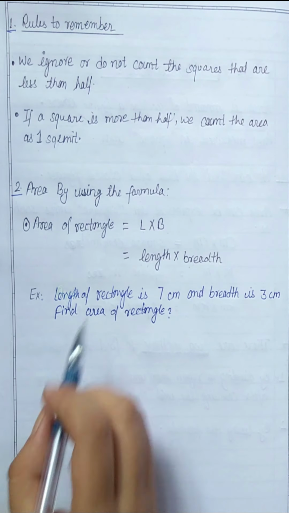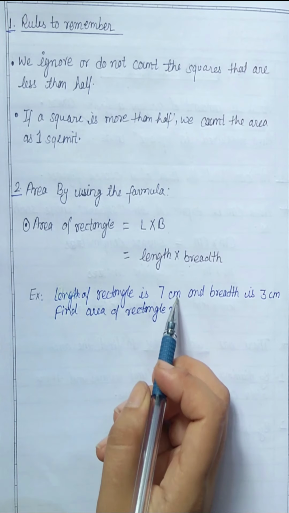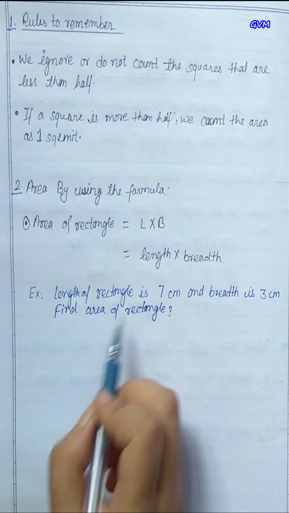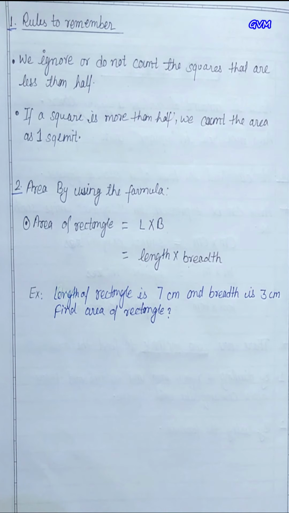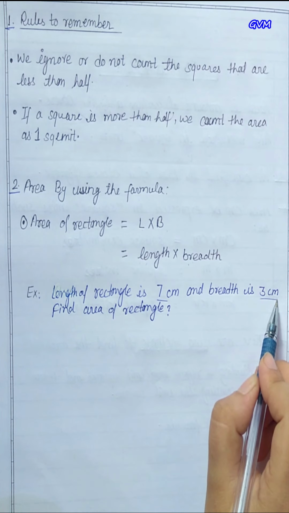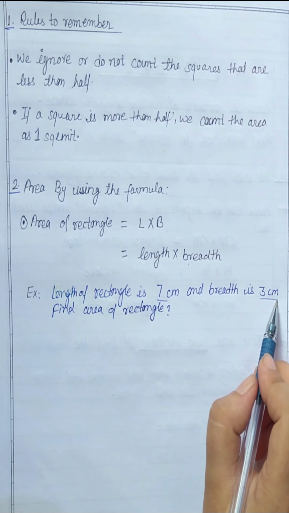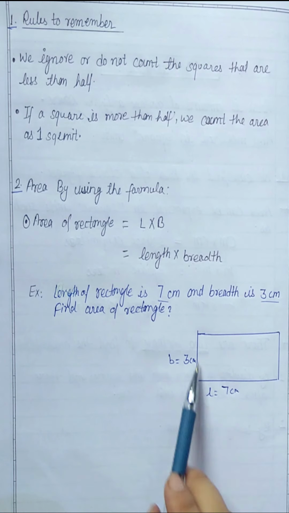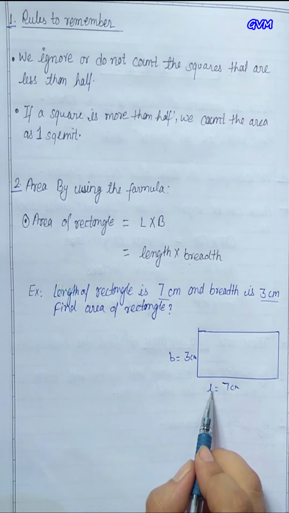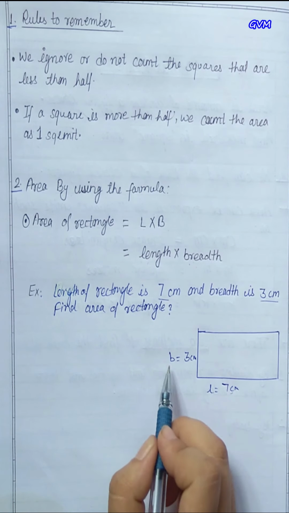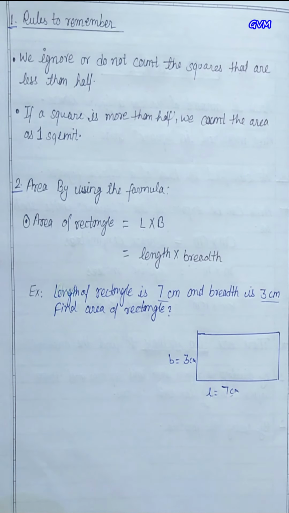For example, the length of a rectangle is 7 centimeter and breadth is 3 centimeter. Find the area of the rectangle. So we have been given length 7 centimeter and breadth 3 centimeter. So let's find out the area. First we will draw a rough figure for this. So this is the rectangle and this is length, L is equal to 7 we have been given, and this is breadth, B is equal to 3 centimeters given.